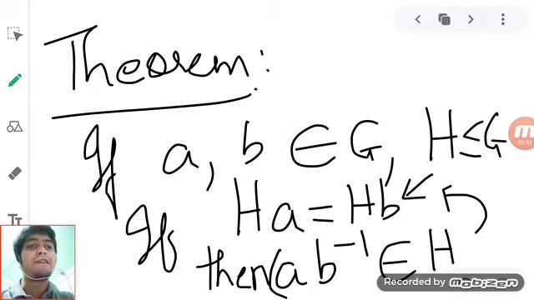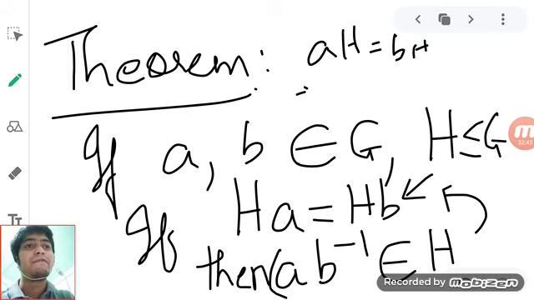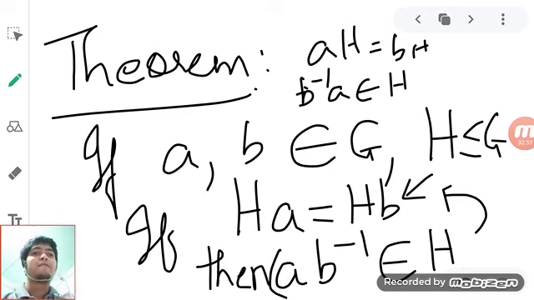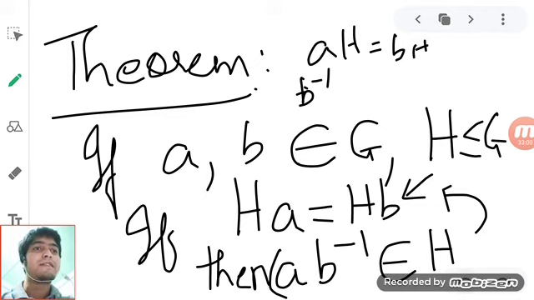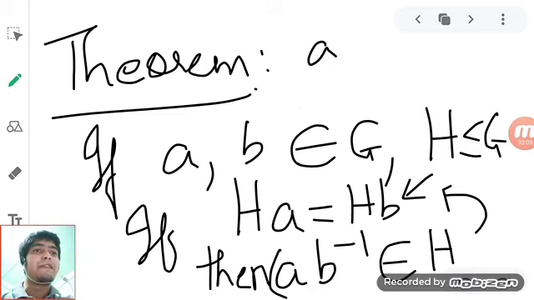Actually, over here we can also do it with left cosets: if aH equals bH, then you will always have b inverse a belongs to H, or a inverse b belongs to H.